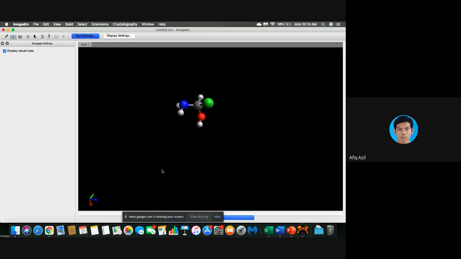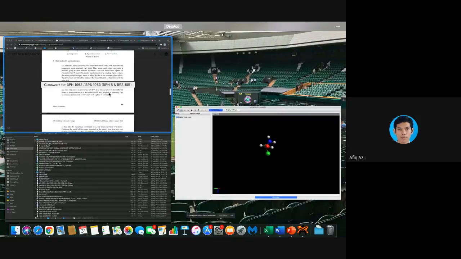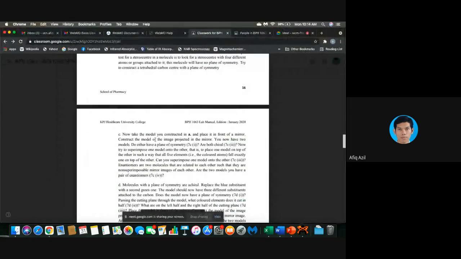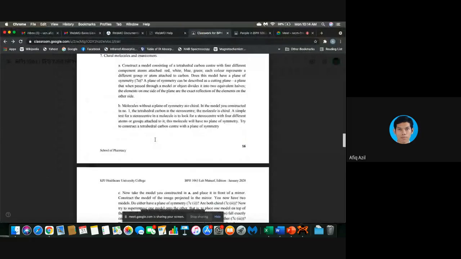So there you go, one structure with 4 different groups. Then you go back here and answer all of these, and just follow each of them.